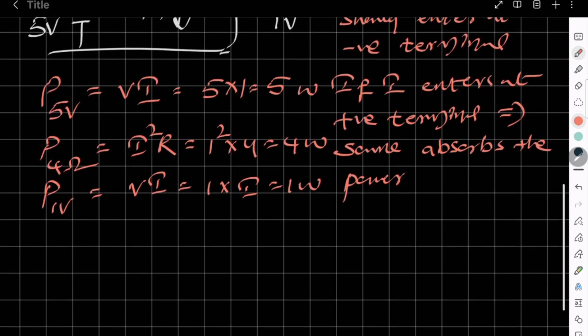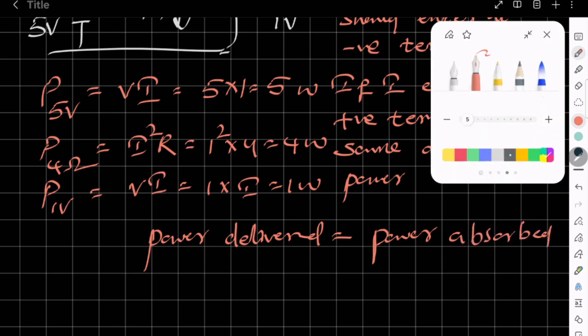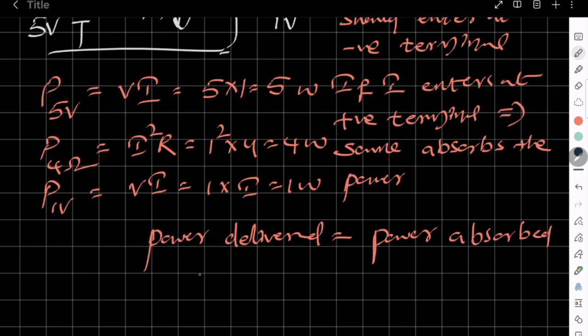You see, as per Tellegen's theorem, in any circuit, power delivered must be equal to power absorbed. So 5 watts is equal to 1 watt plus 4 watts.